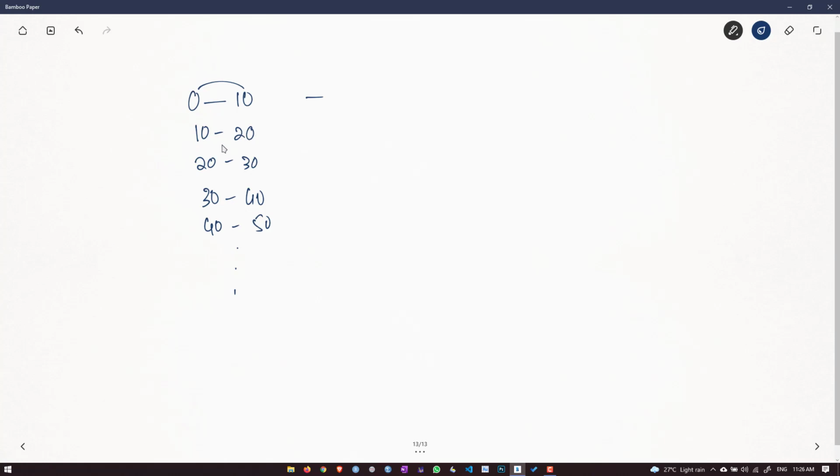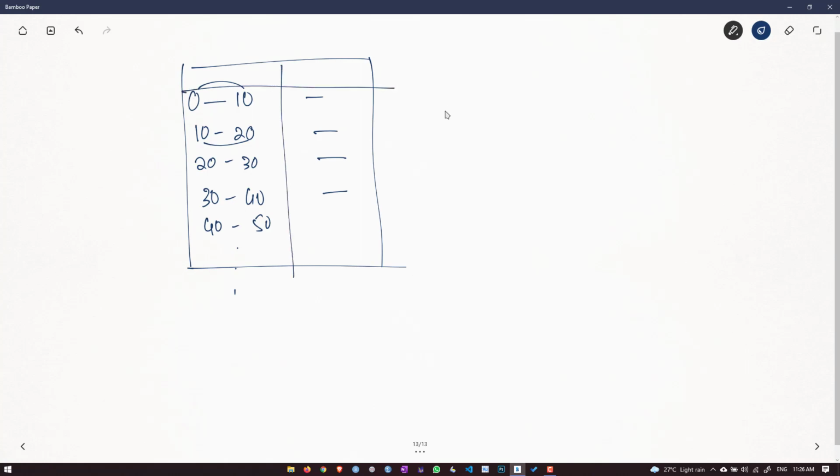Similarly, any person whose age is between 10 to 20 will be marked in this group, 20 to 30, 30 to 40, etc. So this kind of classification or table is called a continuous frequency table or continuous grouped data, right?